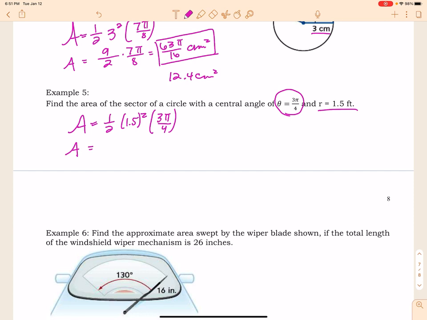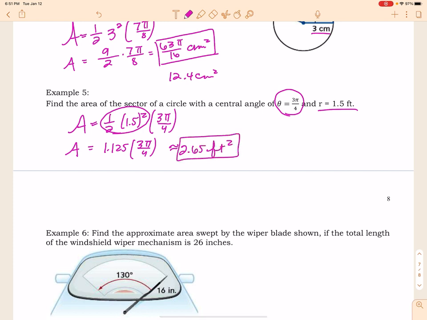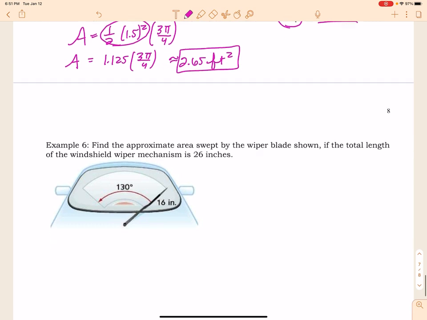Of course, 1/2 times 1.5 squared is going to give me 1.25 times 3 pi over 4. I just did this one in my calculator. It's approximately 2.65 feet squared. That makes your answer a little tidier, easier to understand.